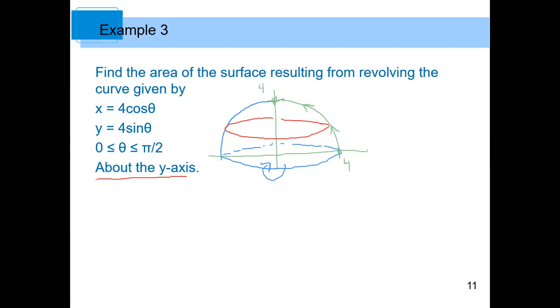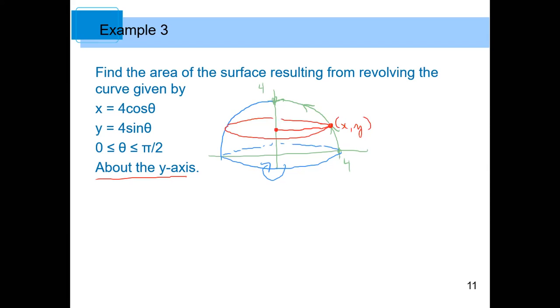You probably want to slice this thing like this, which probably means that if this is the point x comma y right here, then what is the radius of those circles? And incidentally, I'm going to let those circles go up and down on this sphere. Does that make sense?